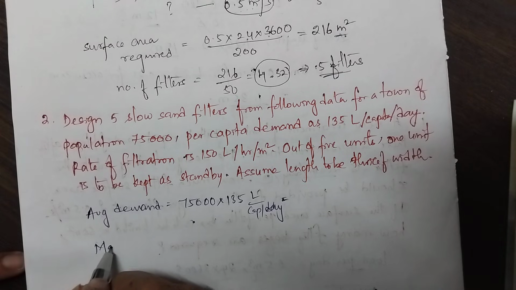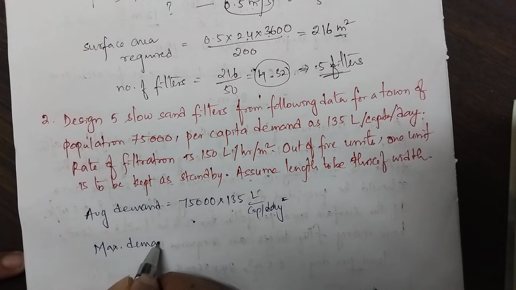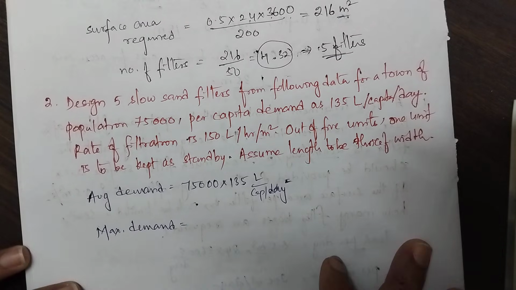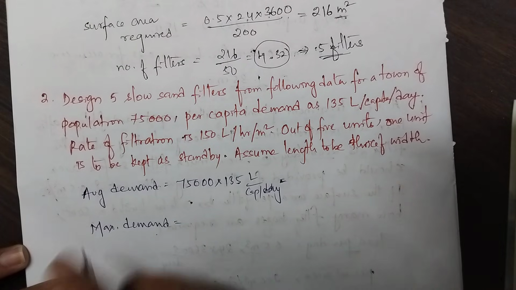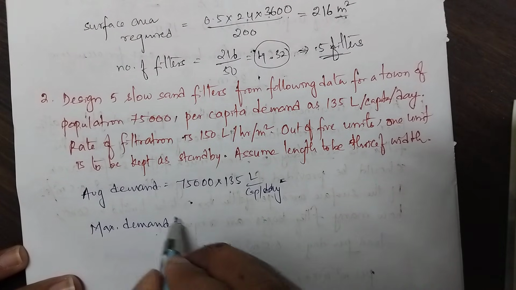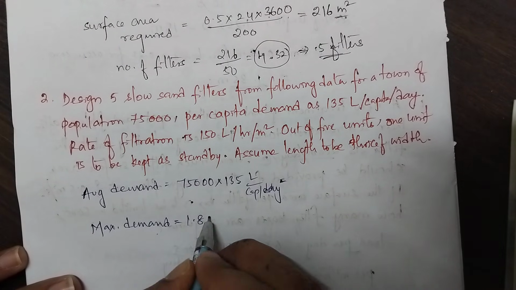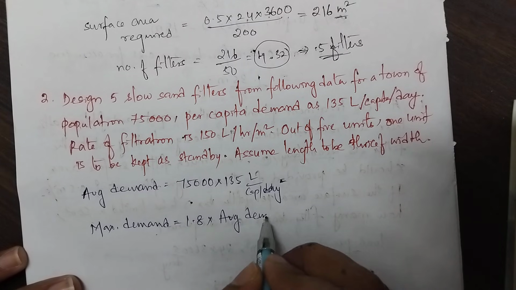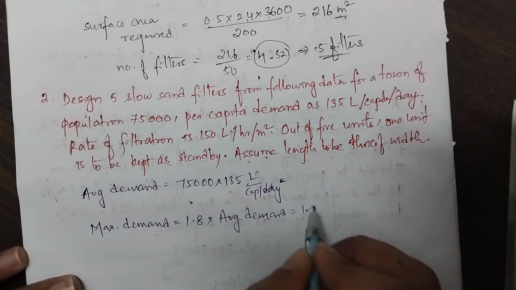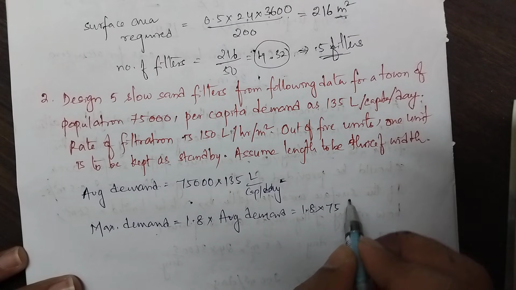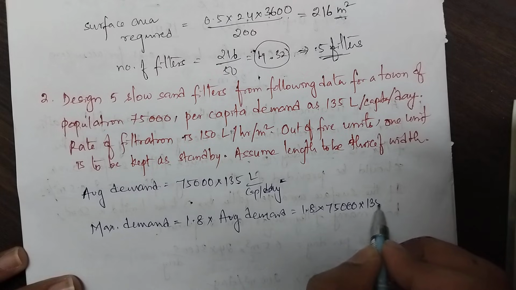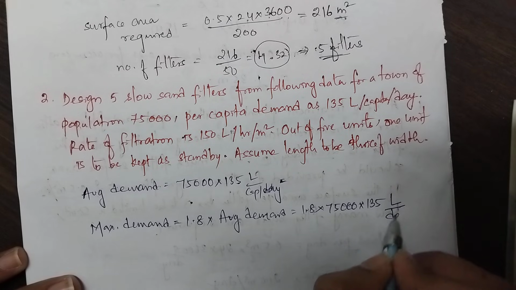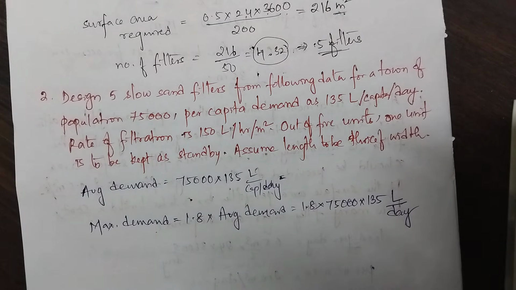Then we have maximum demand, because the filter should provide maximum demand, so which is 1.8 times the average demand, means 1.8 into 75,000 into 135 liters per day. So this is the maximum demand.